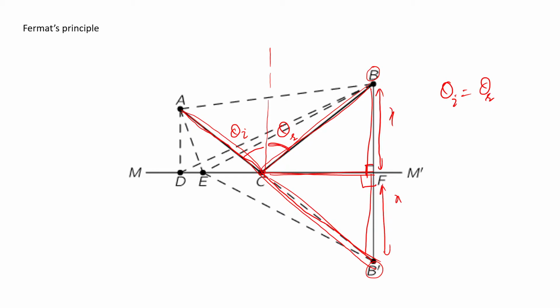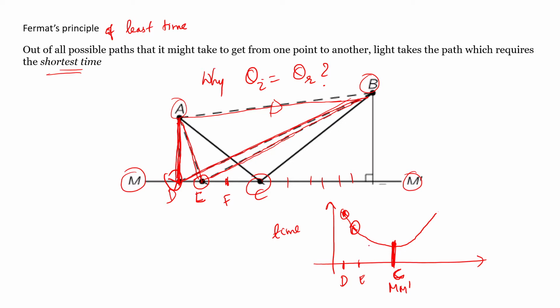But although we explained how theta I is equal to theta R from Fermat's principle, we didn't really explain it, because is light trying out all these different paths? For example, if we go to this graph, is light drawing a plot like this, checking all the paths out, and somehow going through C?